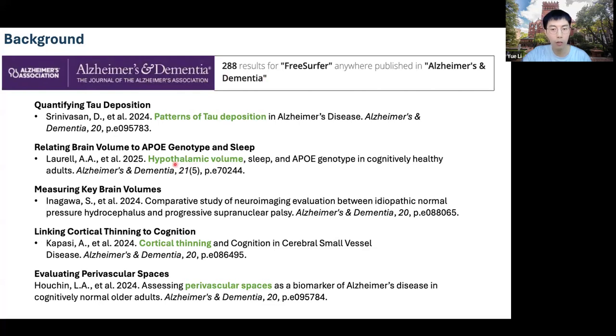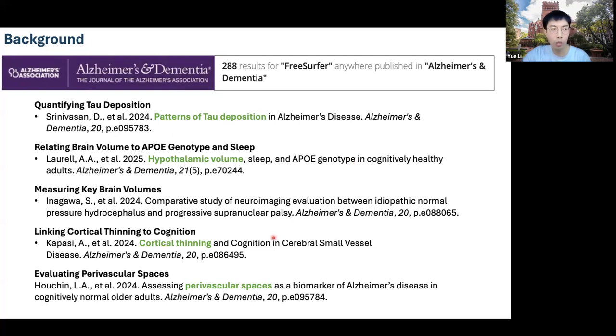People use it for all sorts of things in the field of neurodegenerative disease. For example, we can use FreeSurfer to measure the tau protein buildup in a specific brain region and finish the quantification of the tau PET. We can also use it to look at hypothalamus volumes and link them to SNP and ApoE genotype, which are two risk factors for Alzheimer's disease.